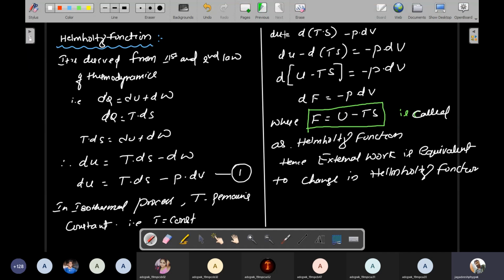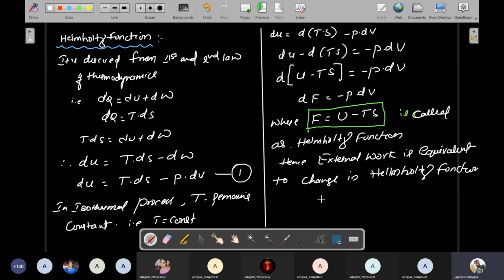Both are differentiable terms, so we take the differential common, giving u minus ts, which is represented by capital F, the Helmholtz function. Therefore the external work done is equivalent to the change in the Helmholtz function.